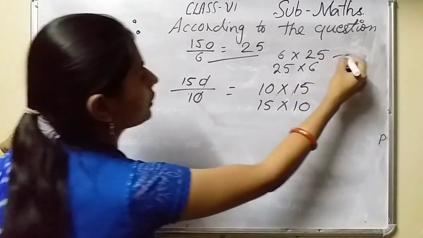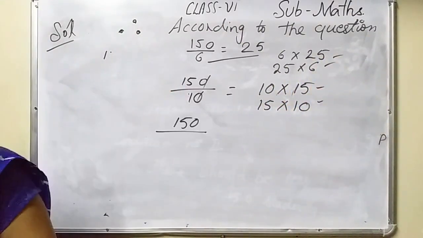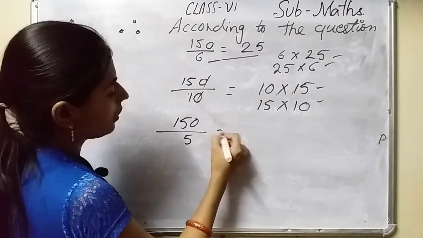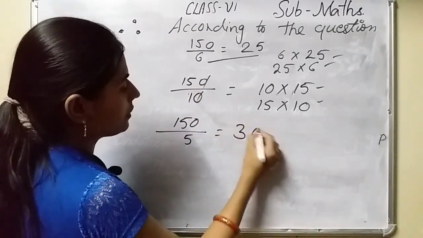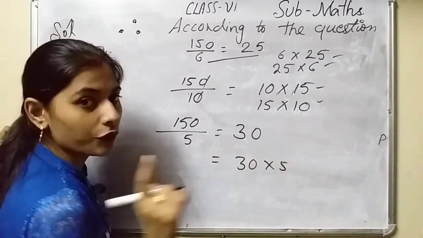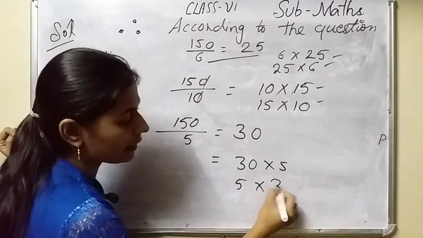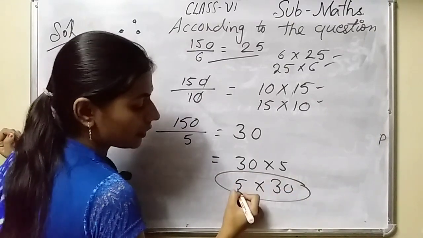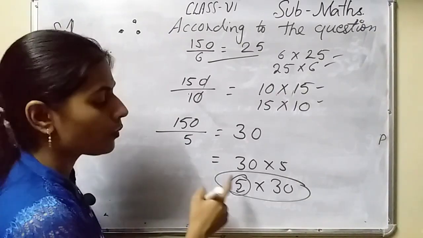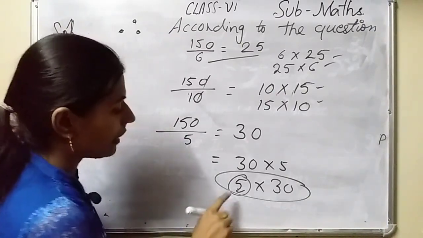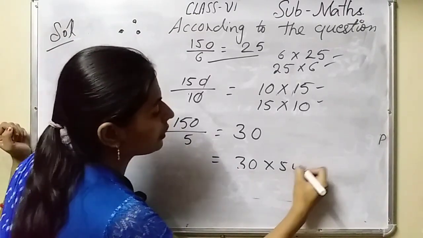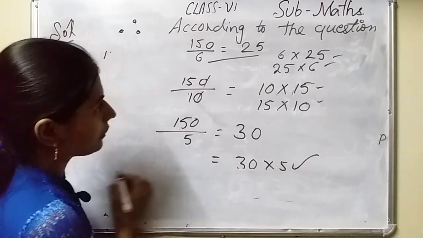Okay, now see 1, 2, 3, 4, 5. 5 we leave here, so 5 threes are 15, 0. So 30 into 5 you get here, but you cannot include 5 here, because it is given that it should be more than 5, not less than 5. So one pair you got here, 30 into 5.